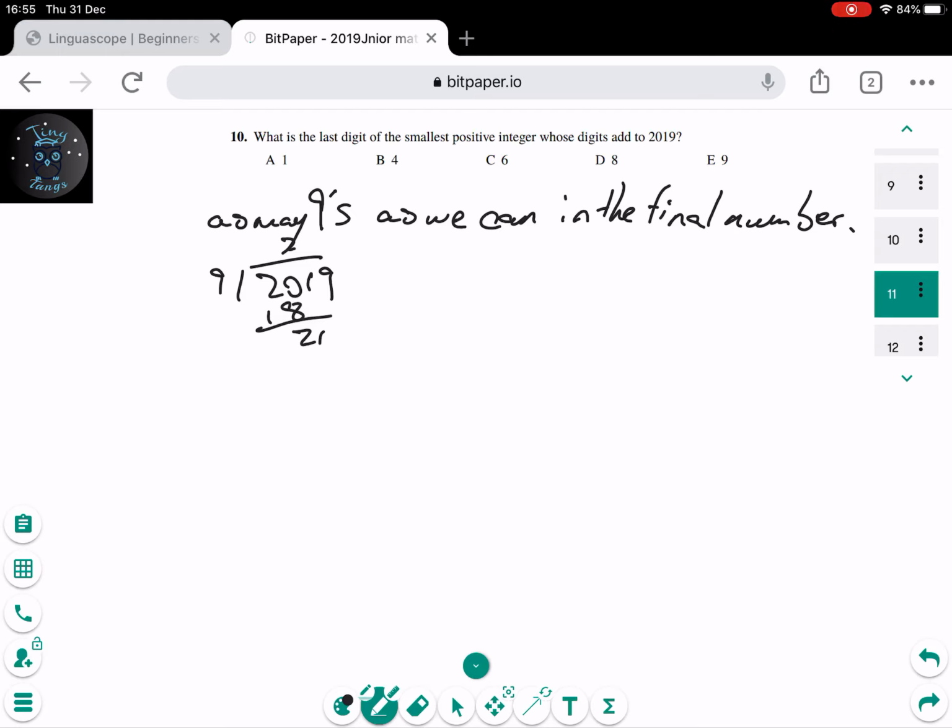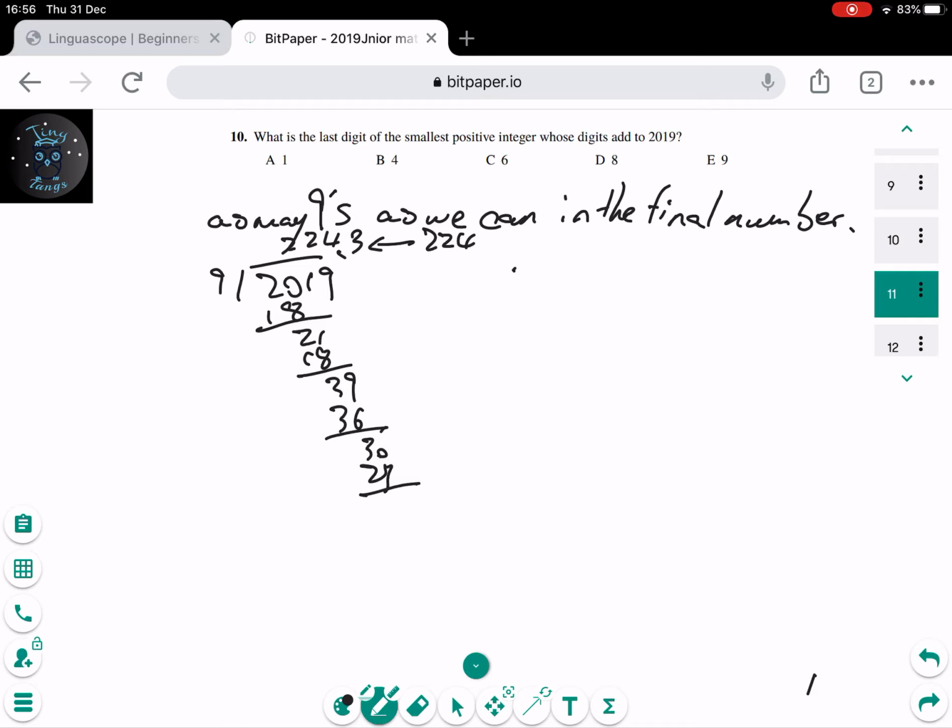So we get 224.33333. So we need the smaller number. We can round it to 224.